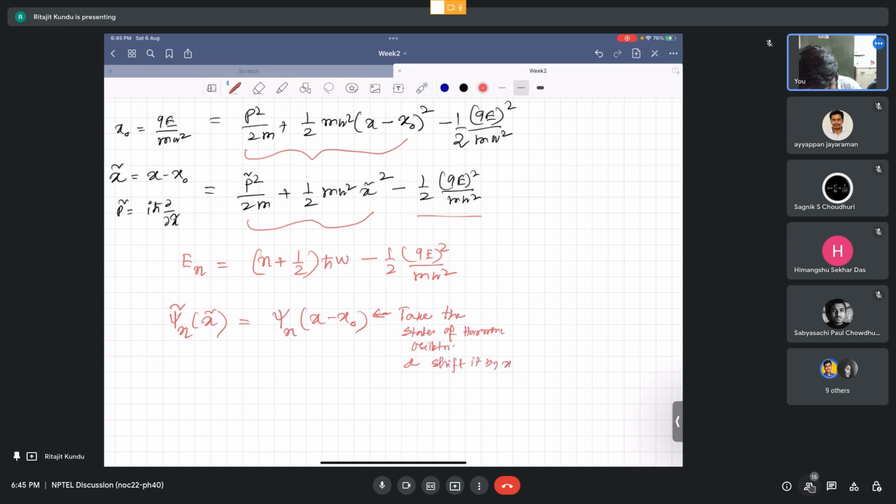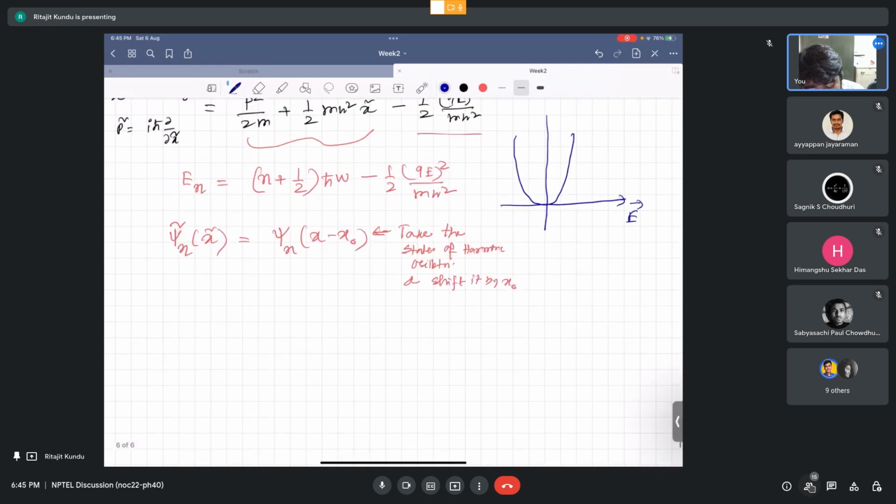Let's have a look at how this thing looks like. We have a potential well, and there is an additional electric field in the x direction. This actually gives you a term proportional to x, so your potential is not at zero anymore.